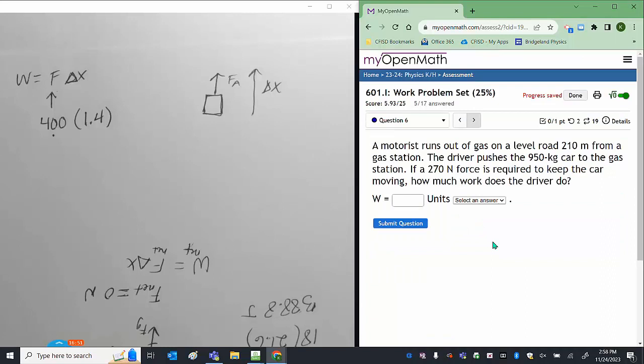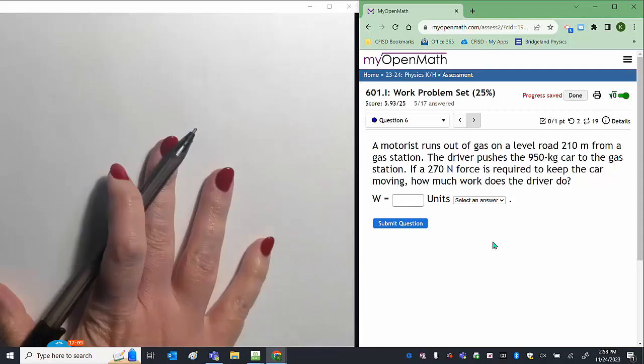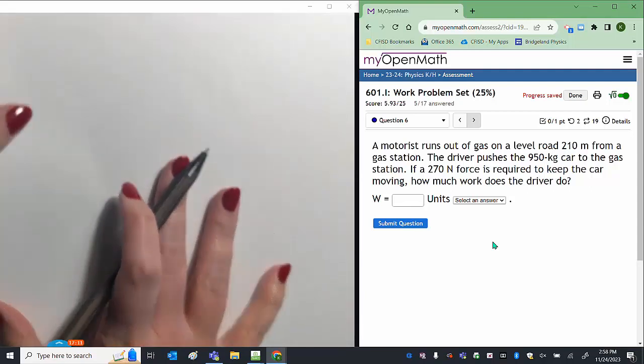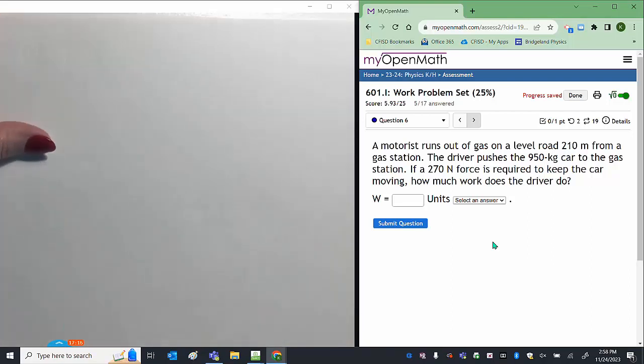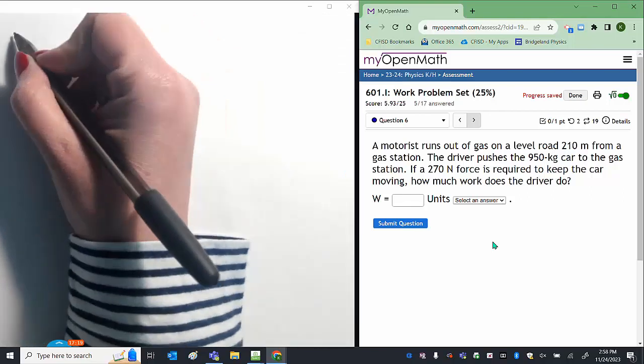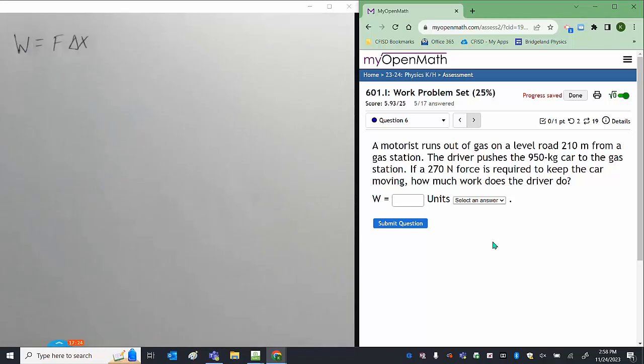A motorist runs out of gas on a level road 210 meters from a gas station. The driver pushes the 950 kilogram car to the gas station. If a 270 newton force is required to keep the car moving, how much work does the driver do? Same thing: work is equal to force times displacement, and there's nothing at an angle, so there's no cosine theta to worry about.